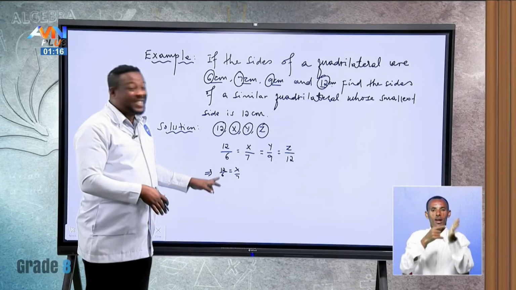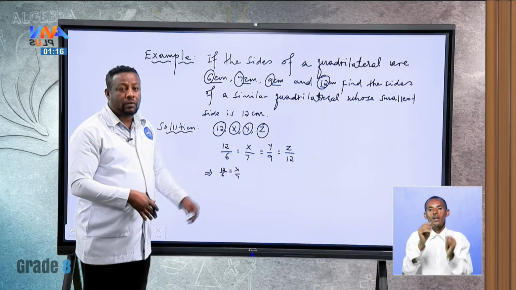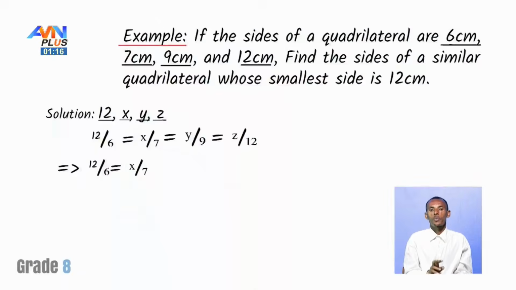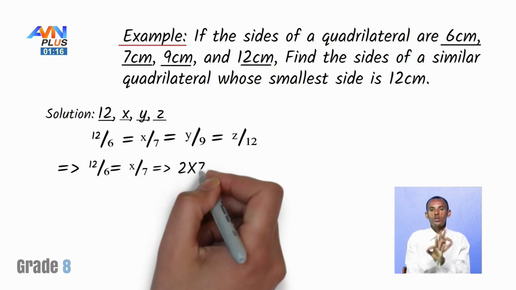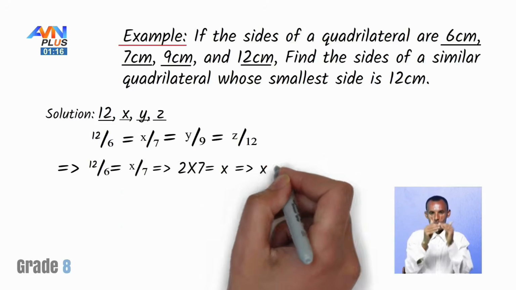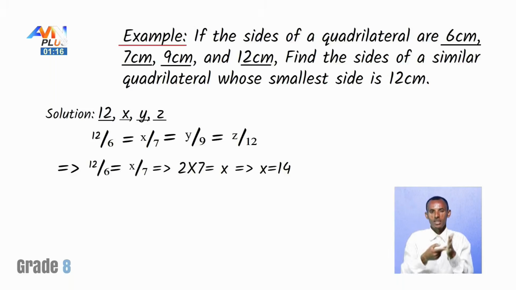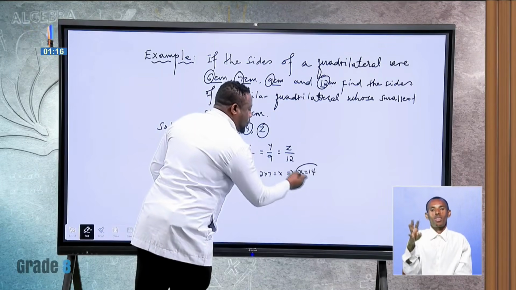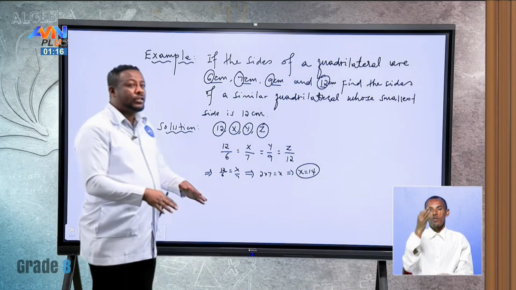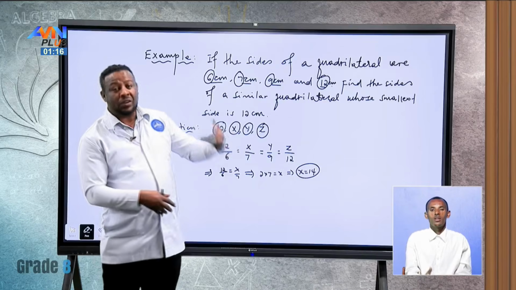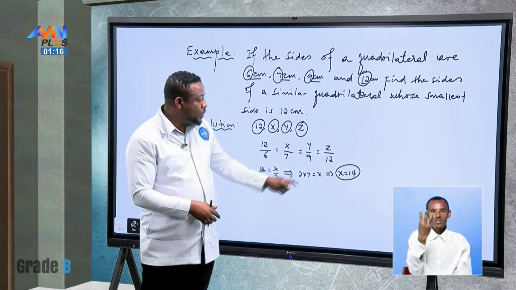Clearly 12 over 6 is 2. 2 is equal to x over 7. So crisscross it. 2 times 7 is equal to x. This implies x becomes 14. So one of the unknown sides of the quadrilateral is known now.